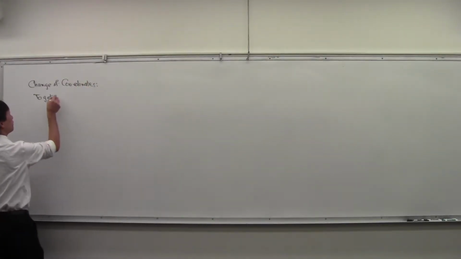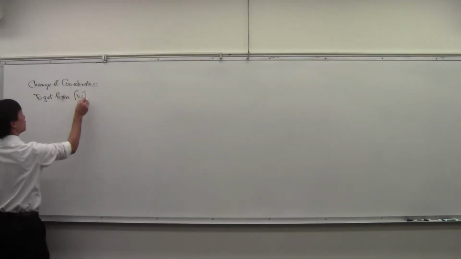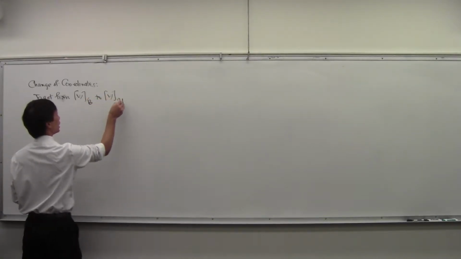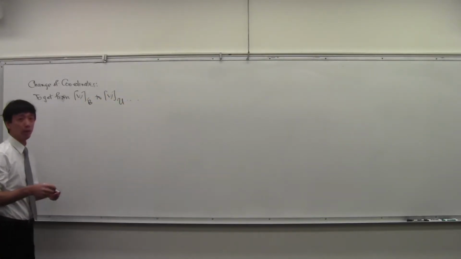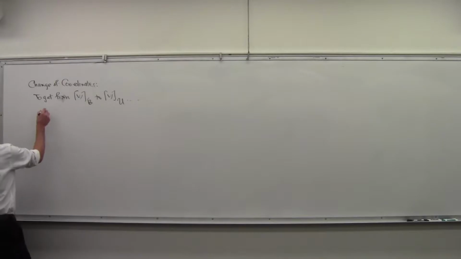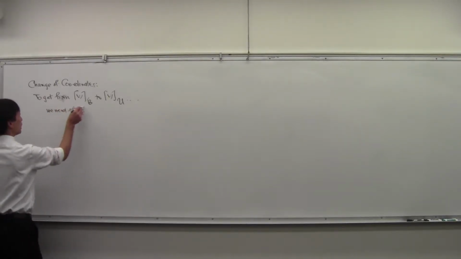To get from the coordinate vector with respect to one basis to the coordinate vector with respect to another basis, we saw that we needed some sort of change of basis matrix. We need to use the change of basis matrix.